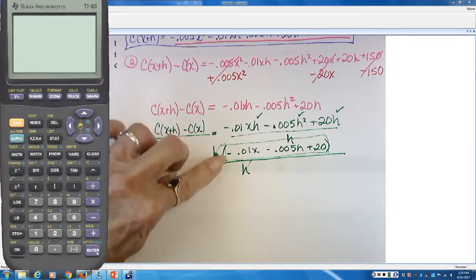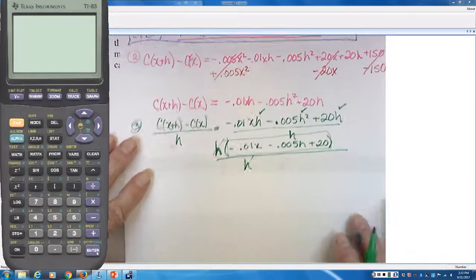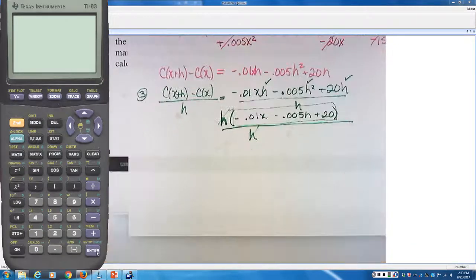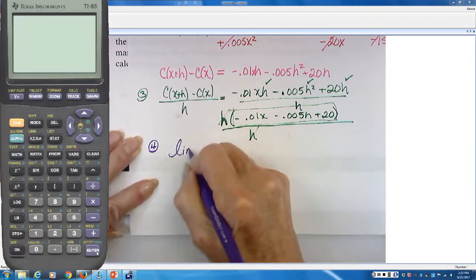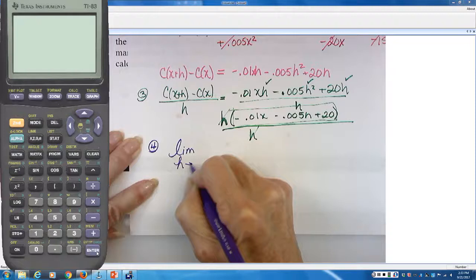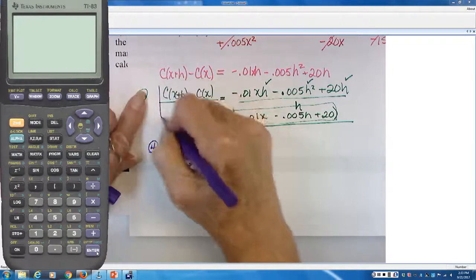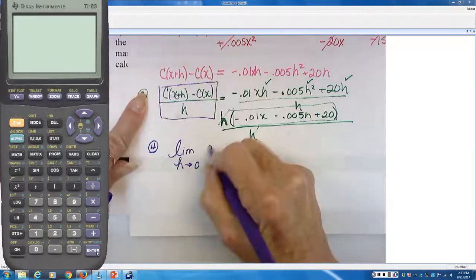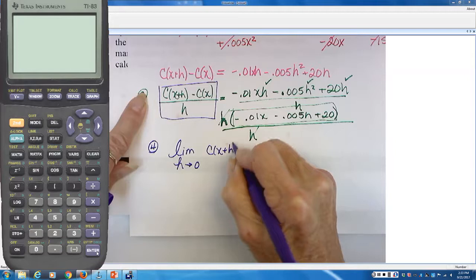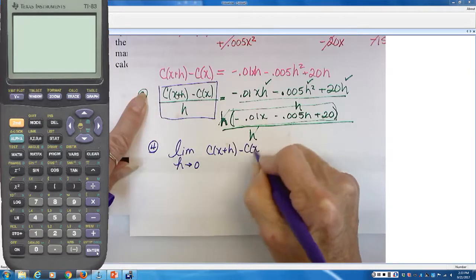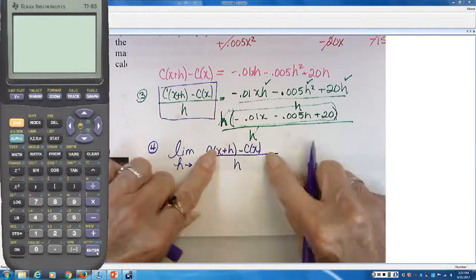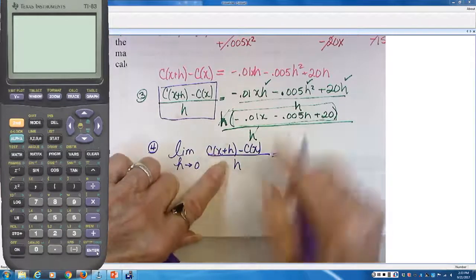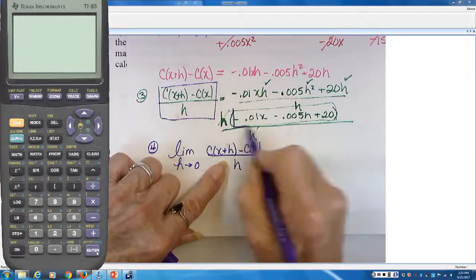So now what I want to do, this is the last step. I'm going to kind of leave out a little bit in there and go to the last step. The last step is I'm going to do the limit as h approaches 0 of this, but this whole thing here is equivalent to that.